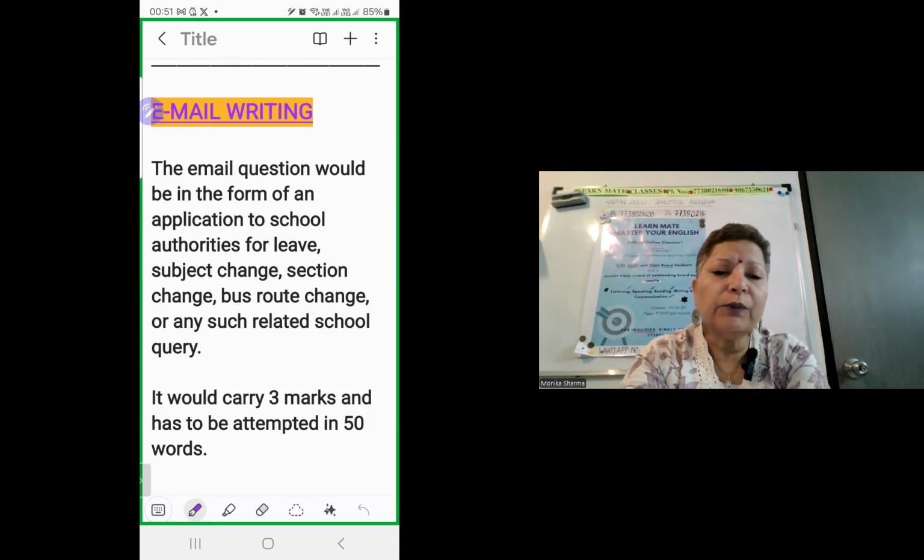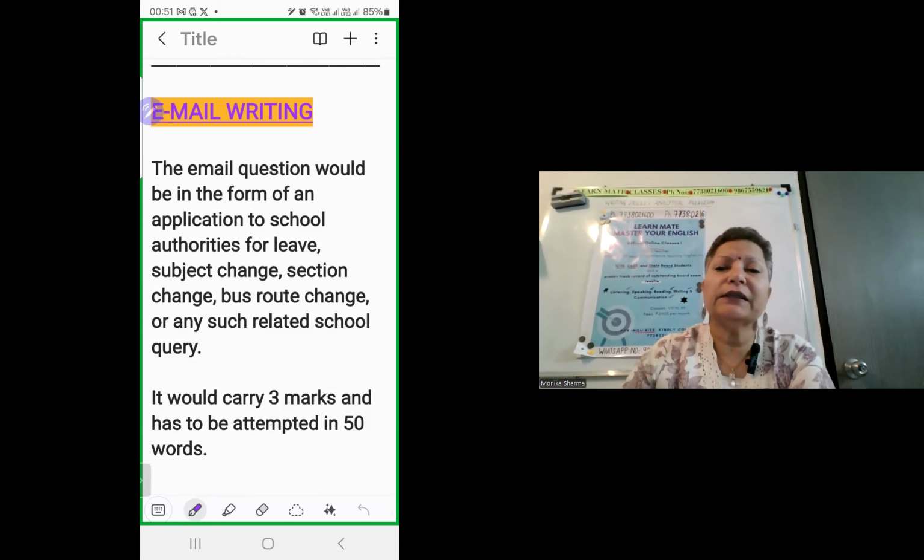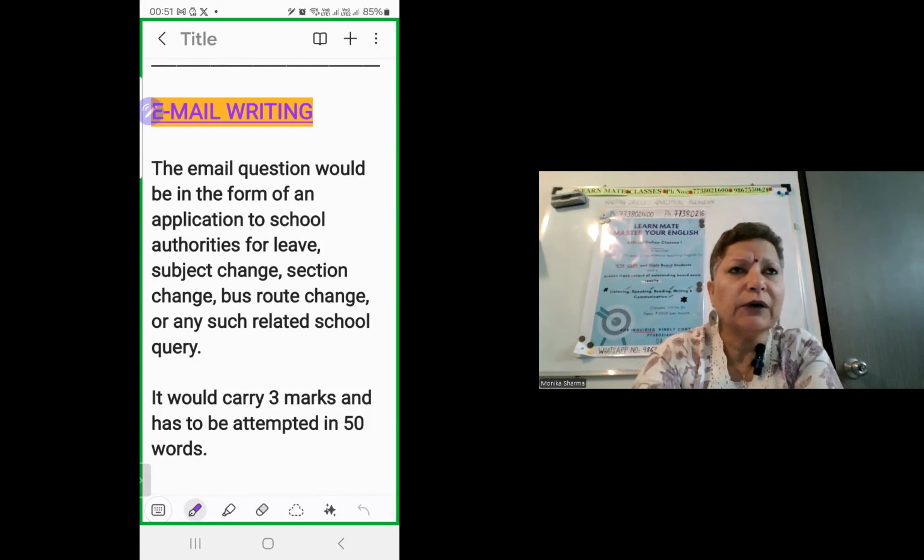Now, suppose you're writing an application for leave, you do not need to go and tell the whole history and geography of why you are applying for leave. It is enough to mention that suppose you're going out, you need a leave to attend your cousin's marriage.